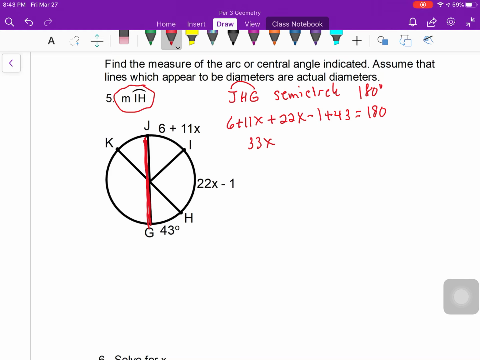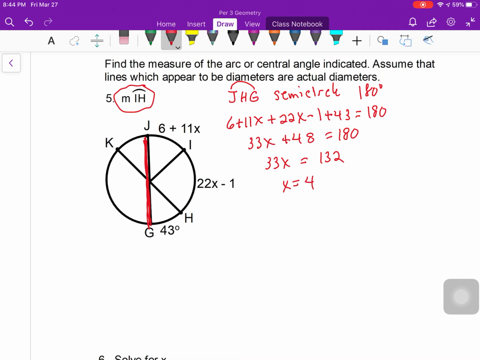Combining like terms, we have 33x and then 6 plus 43 minus 1 is 48. And if I subtract 48 from both sides, I have 33x equals 132.